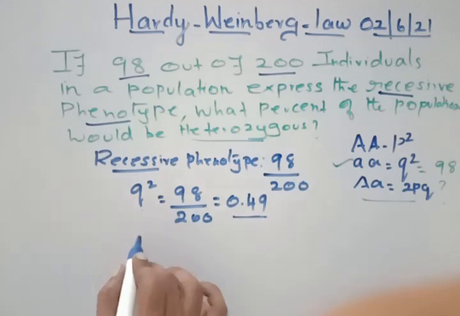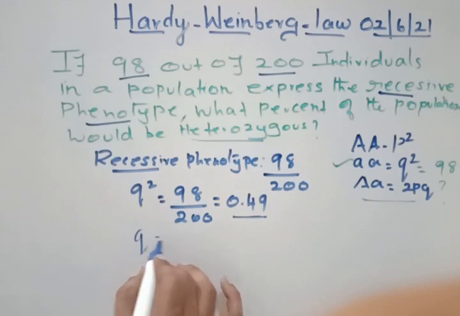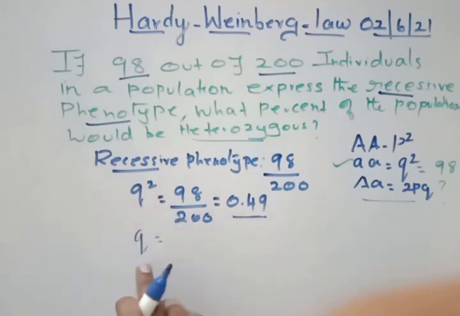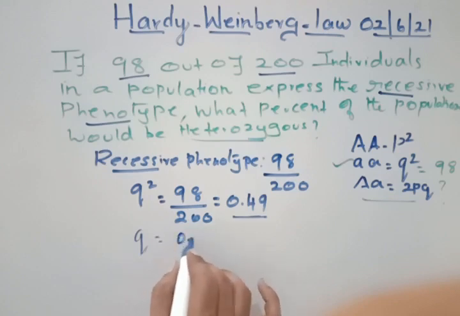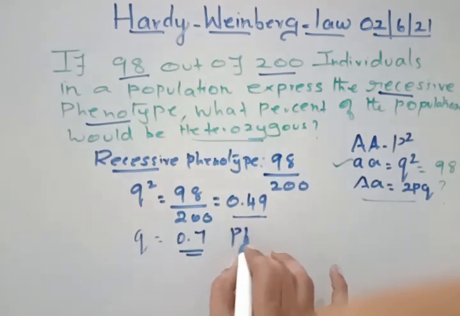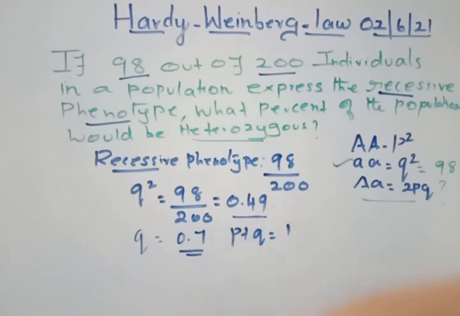And if you talk about a single allele, that is q. So if q square is 0.49, that means the q value is 0.7. Clear? We know the formula p plus q is equal to 1.